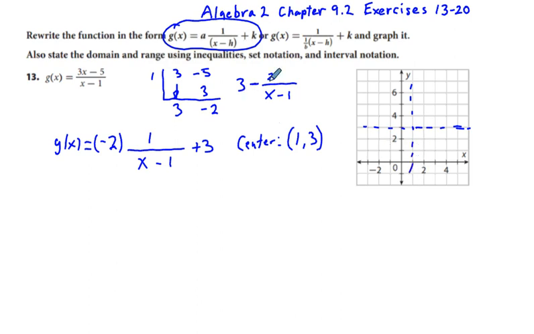And then we have this, we have negative 2 over x minus 1. Well, this is going to be a reflection about the x-axis, and also a vertical stretch by a factor of 2. So normally we'd be here and here, well, we're going to reflect about the x-axis and vertically stretch by a factor of 2. So we're going to be coming like this.